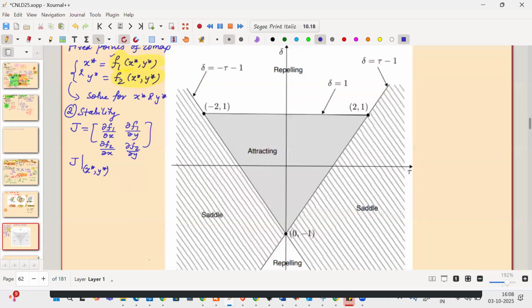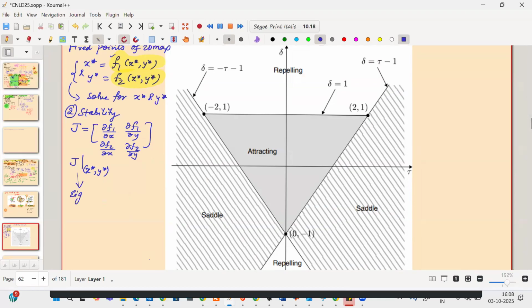If you evaluate at x star and y star, you will get what? Two matrices or one matrix depending on the fixed point. Now this matrix will have eigenvalues, right? How many eigenvalues will it have? First of all, this Jacobian matrix is a 2 by 2 matrix, right? So how many eigenvalues will it have?